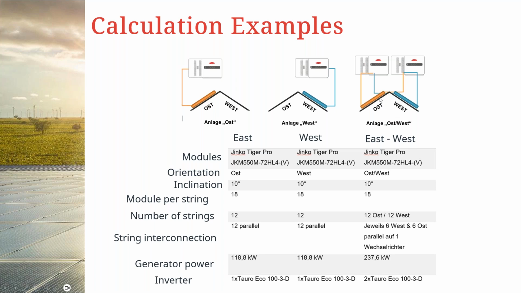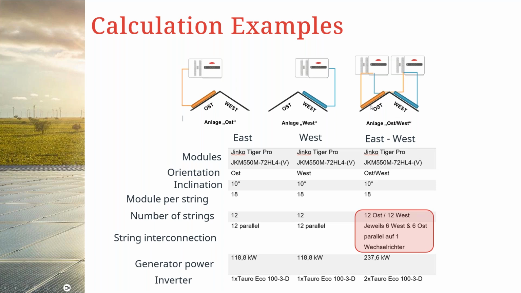And then in order to test out this assertion or to prove the assertion wrong, we had the same number of modules connected on a roof, but this time around we had 12 modules connected to one inverter and then another 12 modules connected to the other inverter.